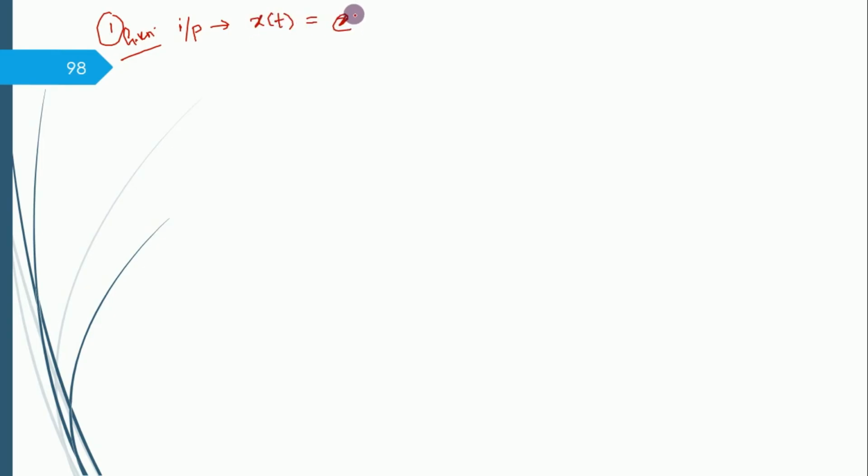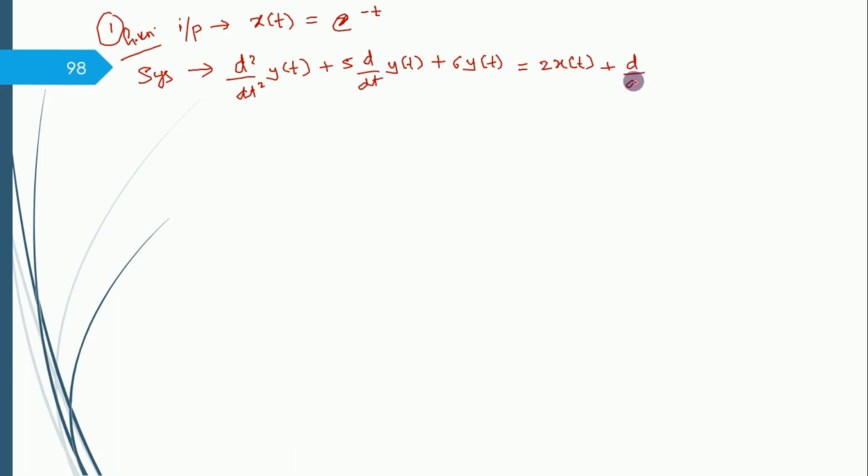The system is given by the differential equation d square by dt square y of t plus 5 into d by dt of y of t plus 6 into y of t equal to 2 into x of t plus d by dt of x of t. Let me name it as equation 1.